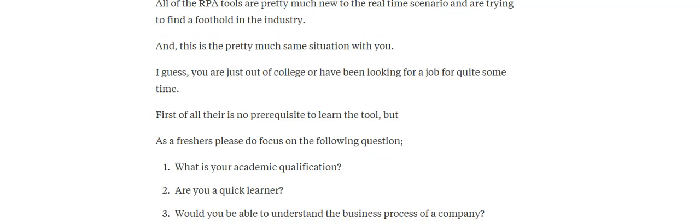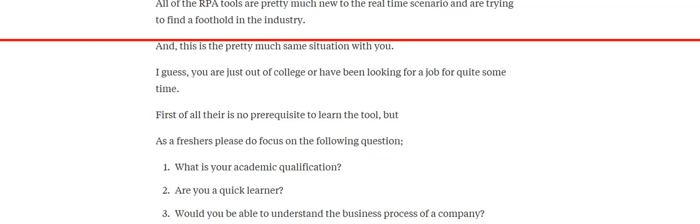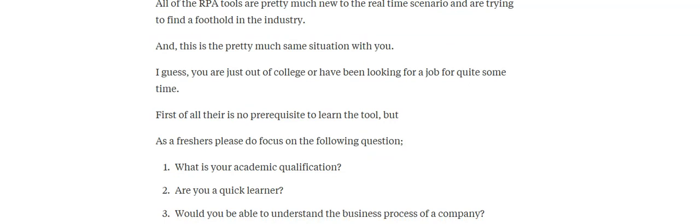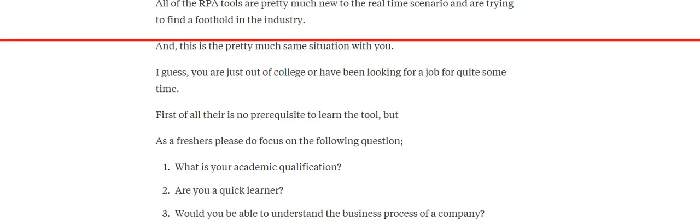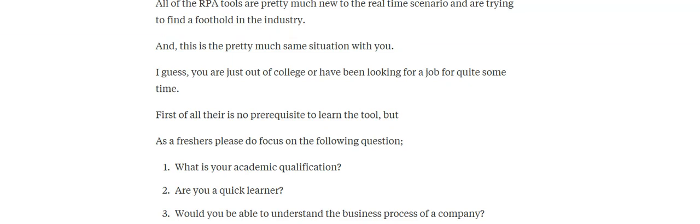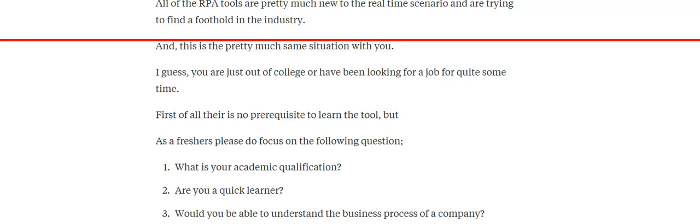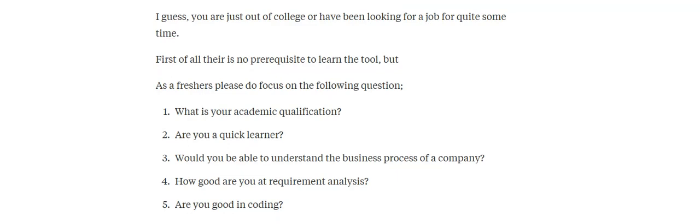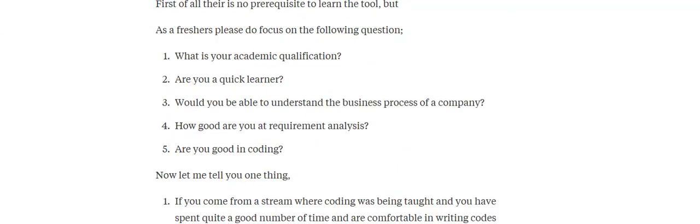Are you good at analyzing and requirement gathering? How good are you in coding, and how fast do you understand the business process for a particular requirement in the company?